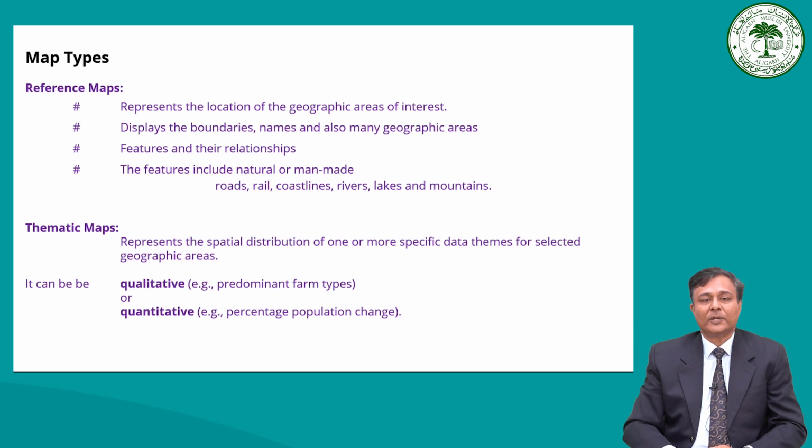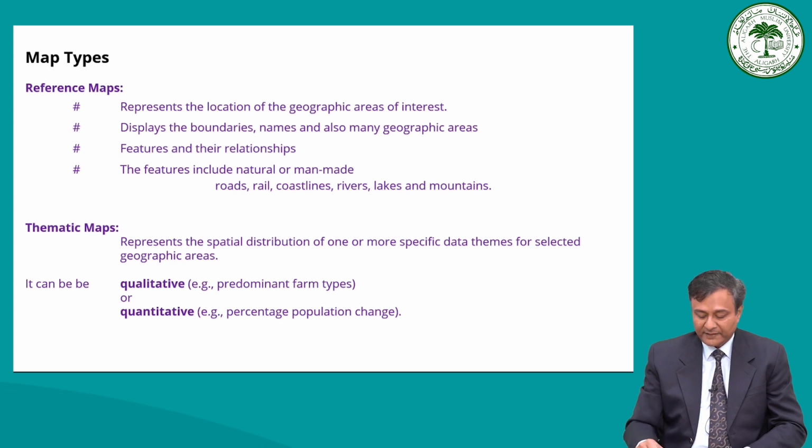It represents the spatial distribution of one or many specific data themes for a selected geographic area. It can be qualitative, for example, farm types, etc., which would be representing qualitative spatial information. And another way would be the quantitative maps, which would be representing statistics in a different way.